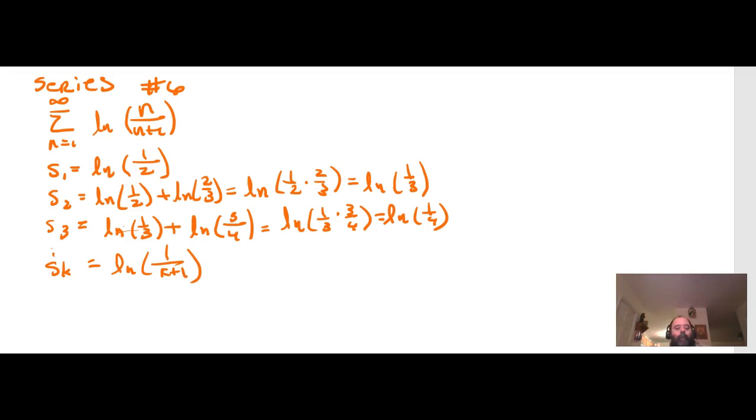All right, so as k goes to infinity, this is going to be greater than 0, and the natural log is continuous.